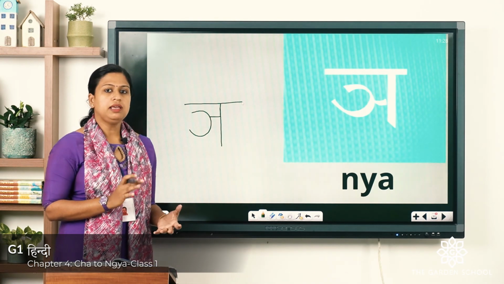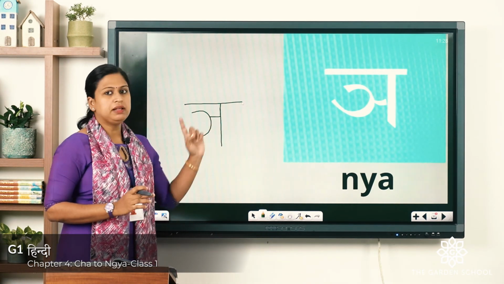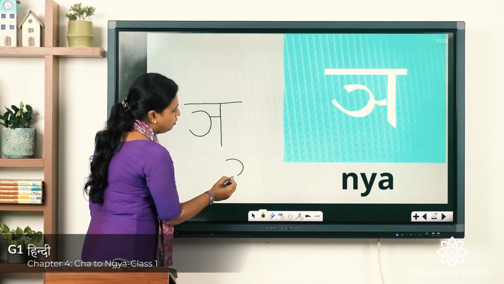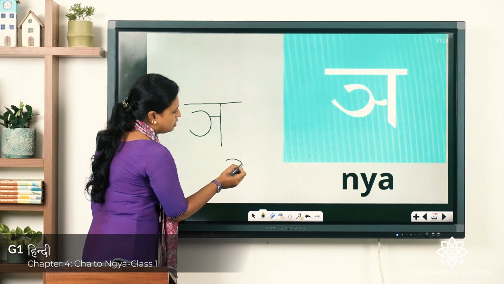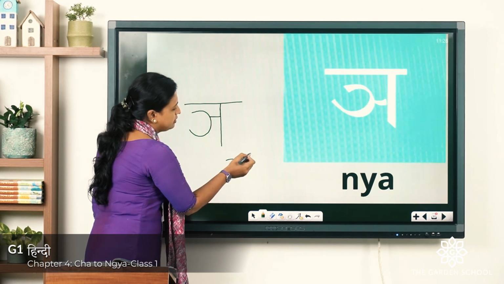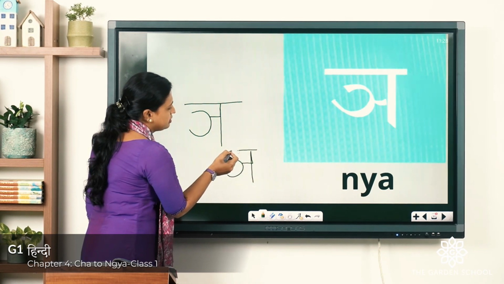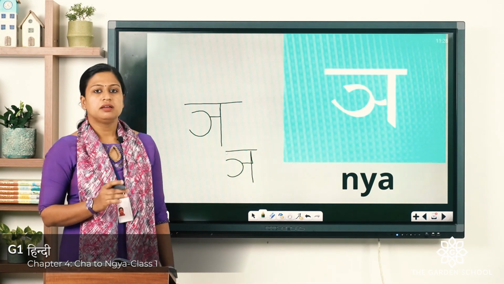Remember, all the Hindi letters have this sleeping line on the top. Once again, inverted C, short sleeping line, standing line and sleeping line. We say ya.